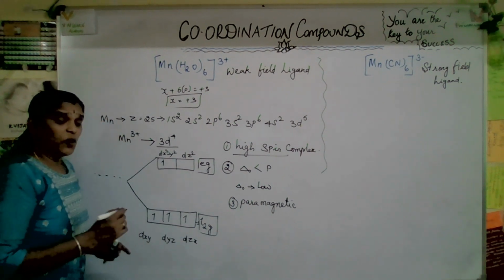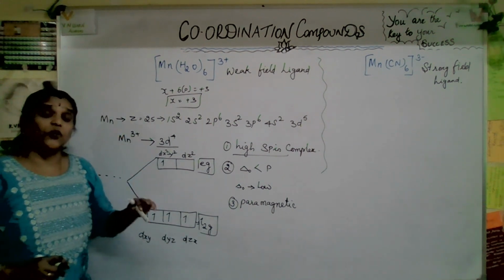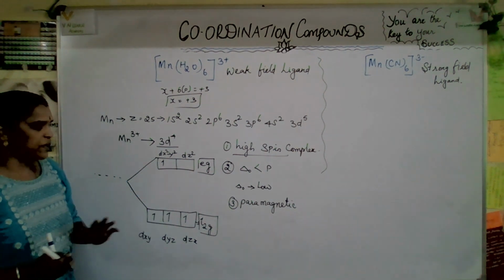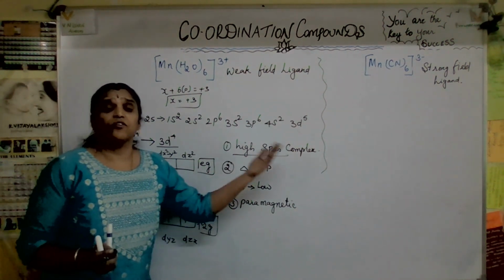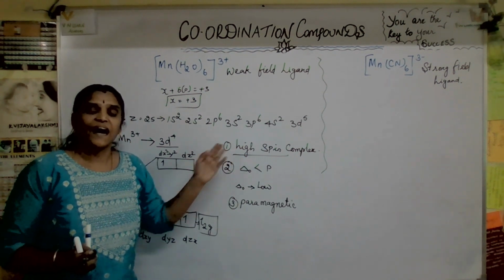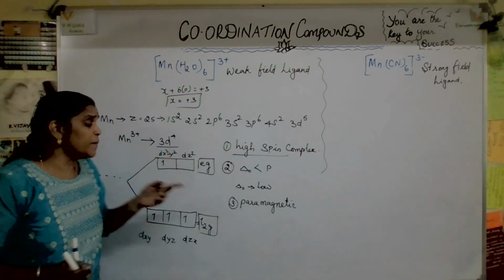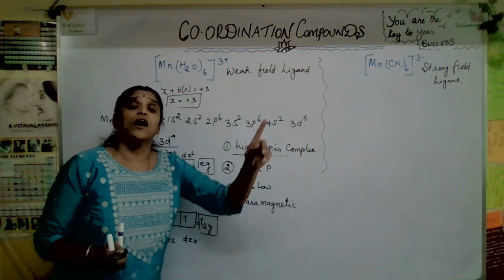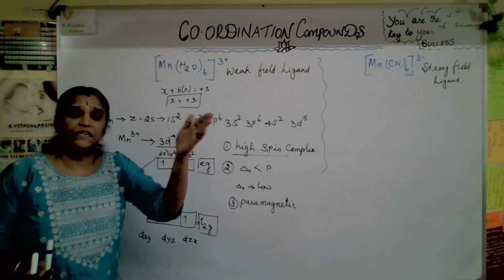Okay, now one more point I would like to mention: total number of spin. How to find out this total number of spin? A higher number of unpaired electrons means that it is a high spin complex. So how many unpaired electrons are there? That number into half, because spin is half.